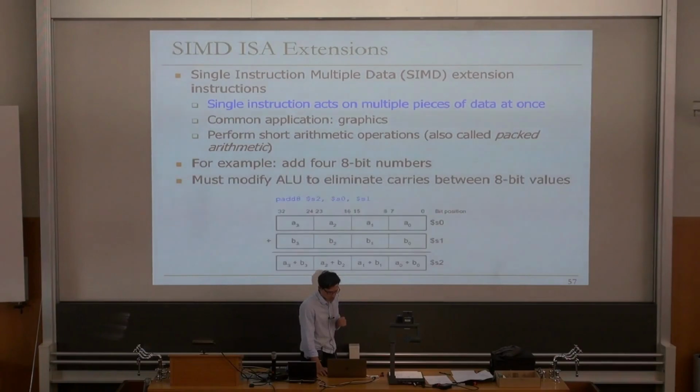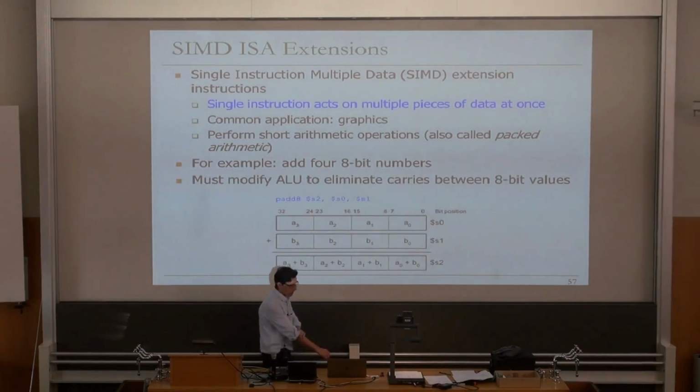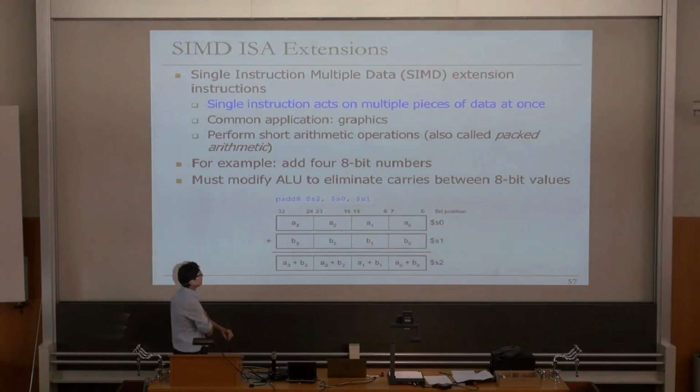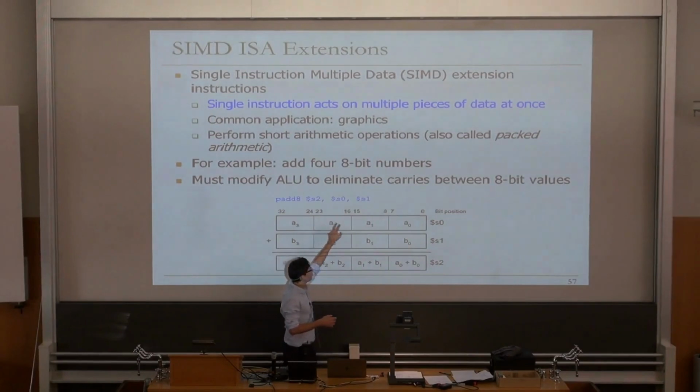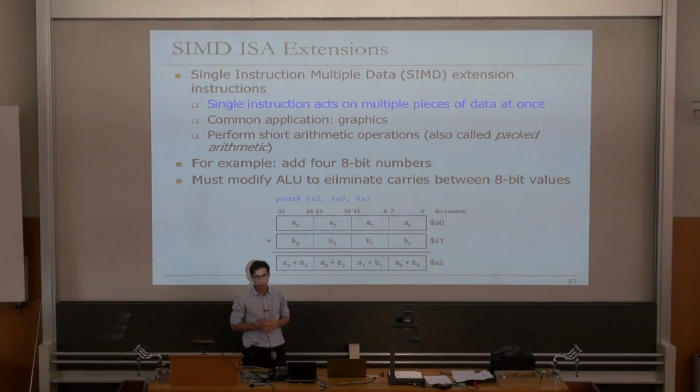For example, here we can add 4 8-bit numbers by using one of these packed add operations, in a way that a 32-bit register that can be used as a scalar register is divided into 4 parts, and in each of the parts we have an independent 8-bit value.